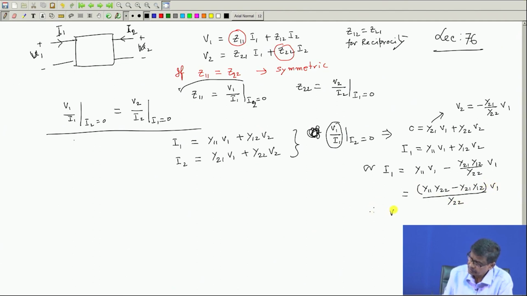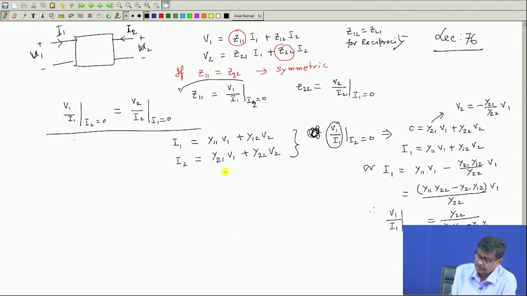Therefore, you can easily see that V1 by I1 with the condition I2 equal to 0 will be equal to Y22 divided by Y11 Y22 minus Y21 Y12.